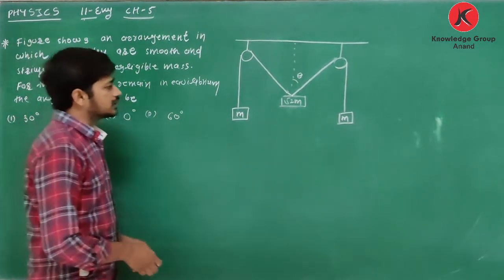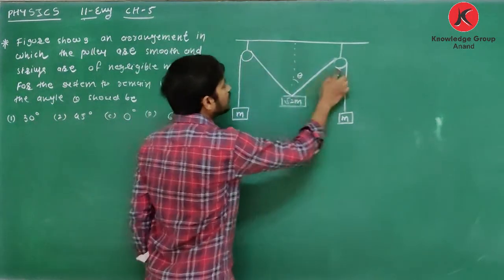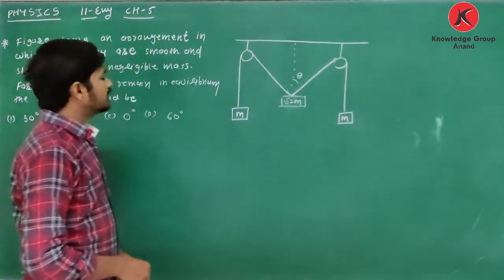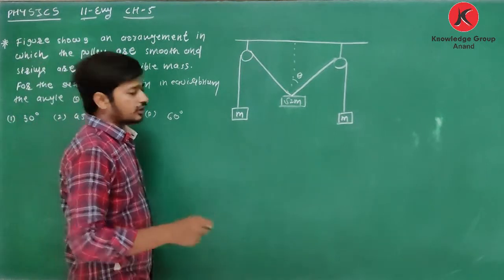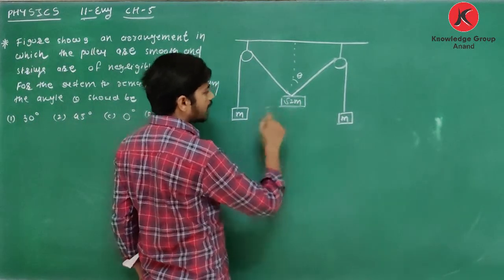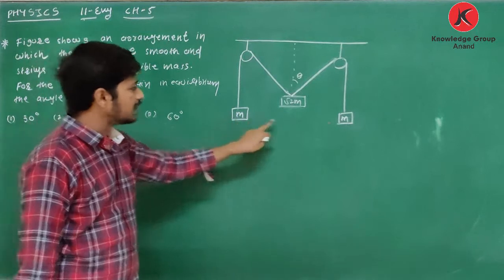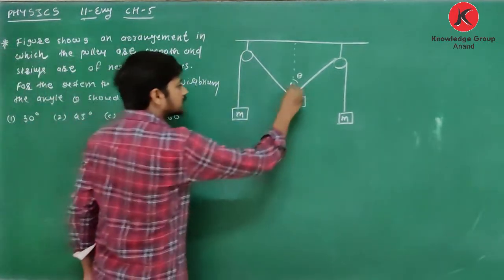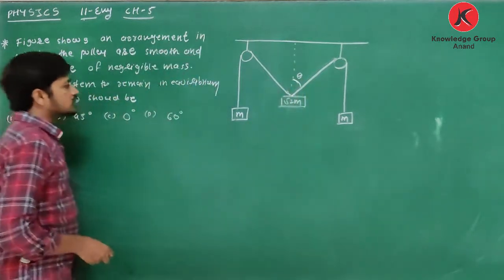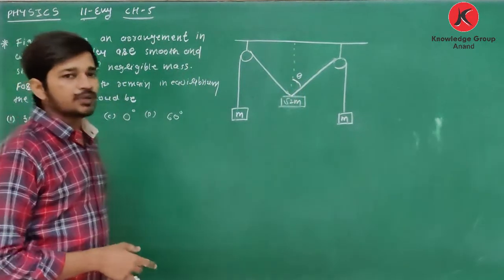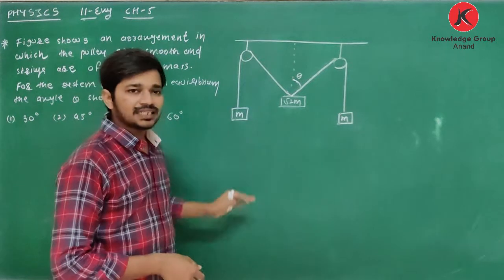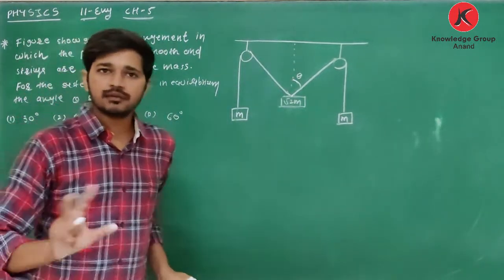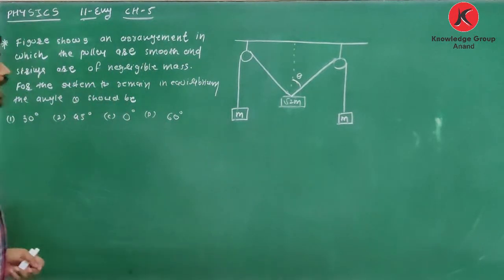You are given one figure: two frictionless pulleys, strings having negligible mass, and three blocks, with masses m, m, and root 2 m, and this angle is theta. Your question is, if the system is in equilibrium, you have to find what is angle theta. Clear about this? Okay. So now, how to find?